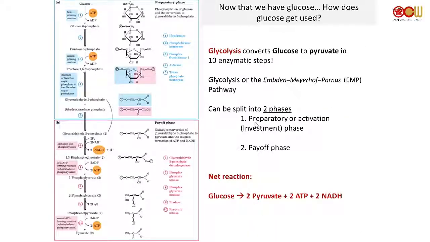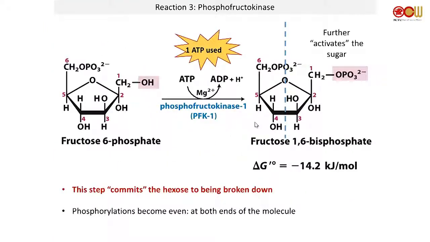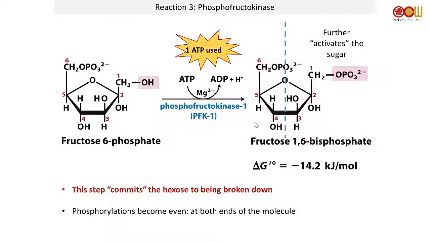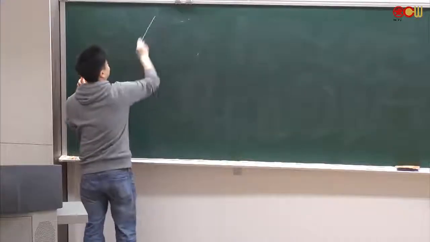What you should notice is that now the molecule looks somewhat even: 3 carbons on one side with a phosphate, 3 carbons on the other side with a phosphate. That's the goal: we want to prep the molecule and get it ready for aldolase.